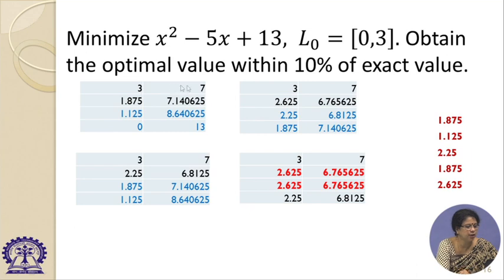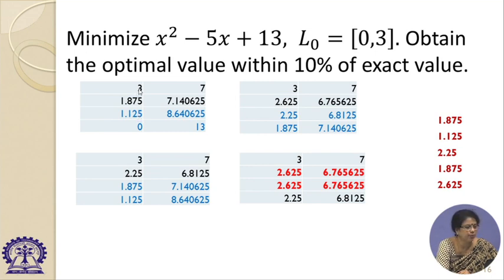This is the functional value at 3, this is the functional value at 0, and in between we are considering 2 points. Where will we locate these 2 points? They will be L2 star distant from 3 and also L2 star distant from 0, an equal distance, and that distance is 1.125.